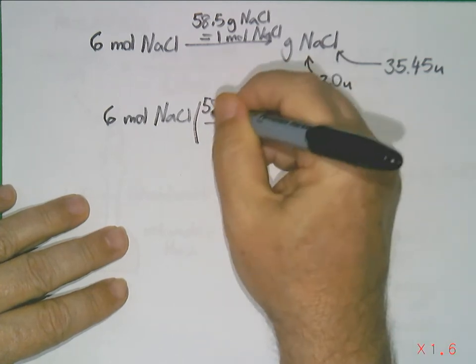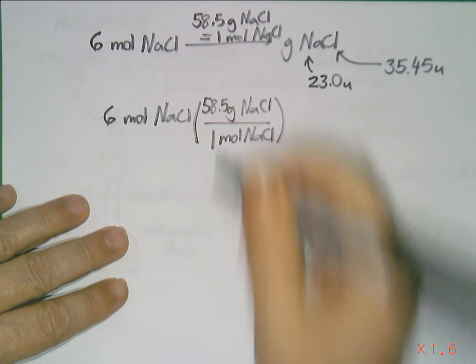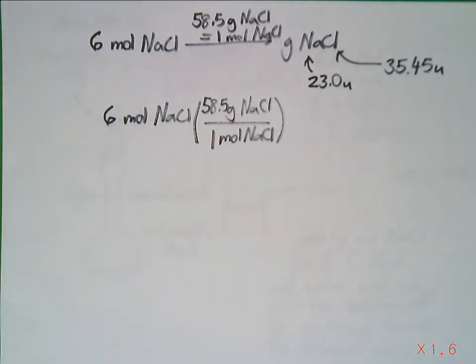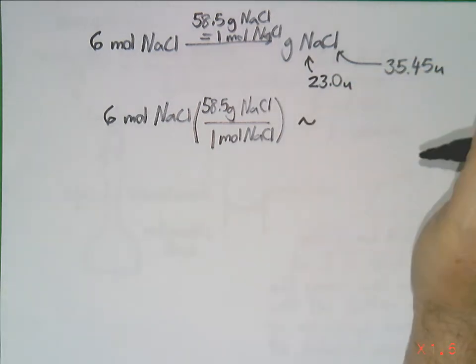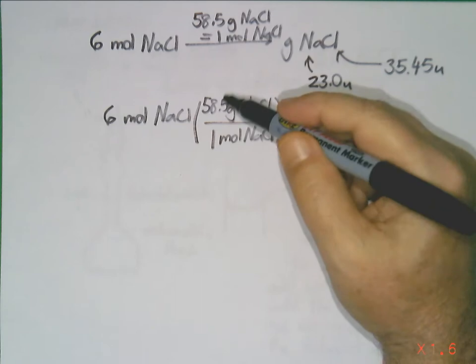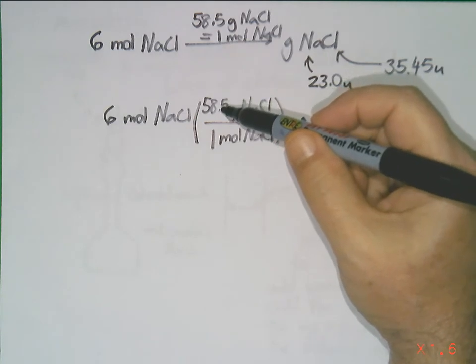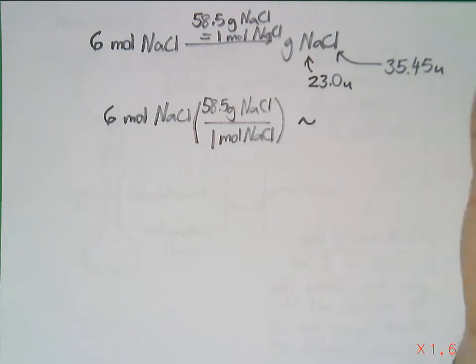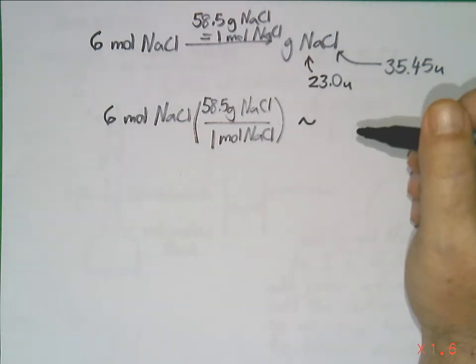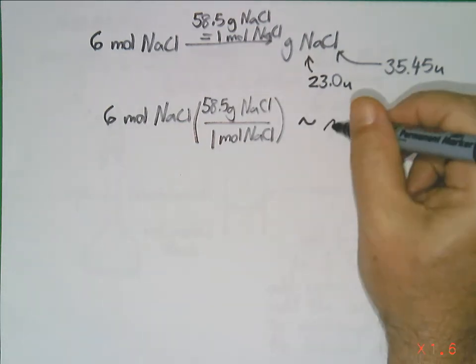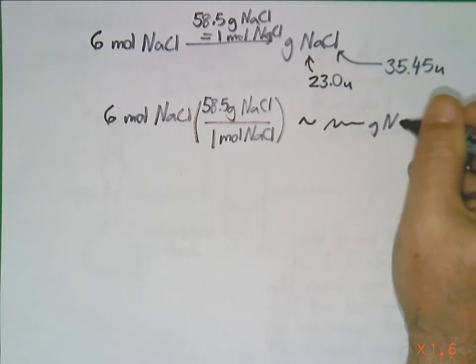So that'd be like 58.5 is in every 1 mole. And I could figure out the mass of NaCl I needed to weigh out. If this is about 60, and I have 6 times 60, what is that, 360 grams roughly? Work it out yourself and see how many grams of NaCl you need.